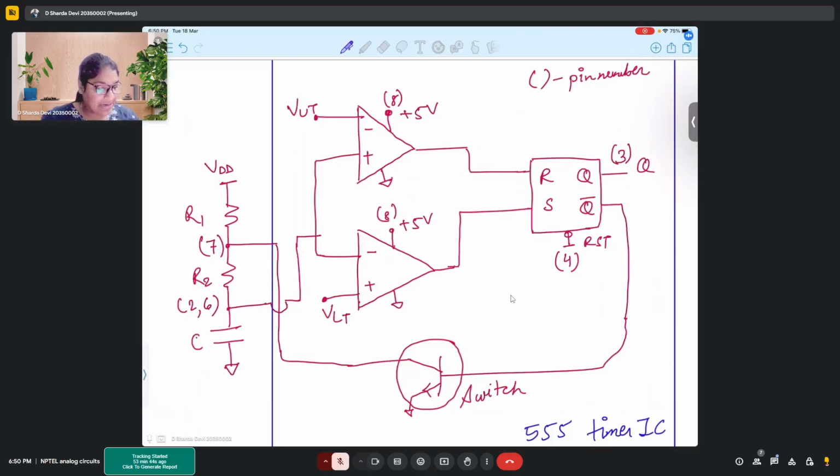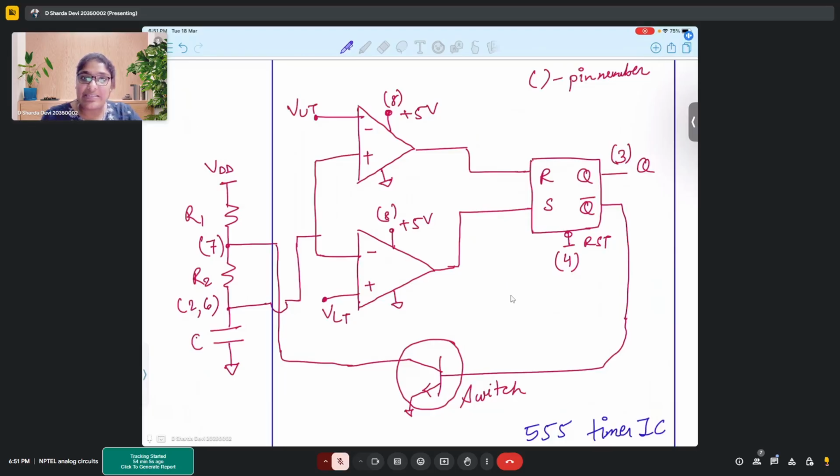So if the transistor turns on, then the current will flow through this resistor inside the transistor and it will be grounded. If the transistor turns off, your current flow direction would be from VDD to R1 to R2, then C. So the capacitor charges.